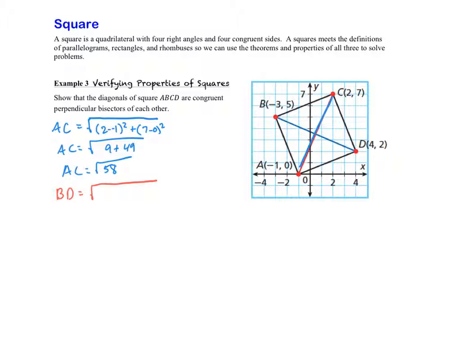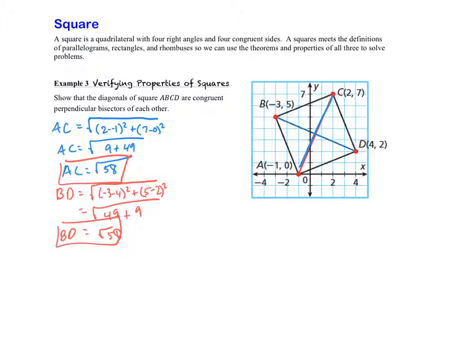So negative 3 minus 4 squared plus 5 minus 2 squared. Okay, negative 3 minus 4 is negative 7 squared, which is 49, plus 5 minus 2 is 3 squared, which is 9. So those are congruent because they're the same measurement. So BD is radical 58 and AC is radical 58. So they are congruent. So I've taken care of the first word. They're congruent. And I did that using distance formula.